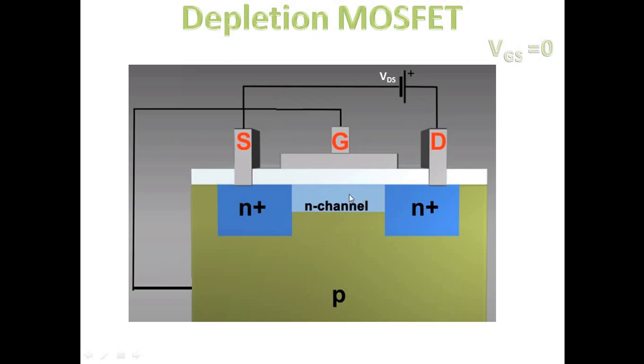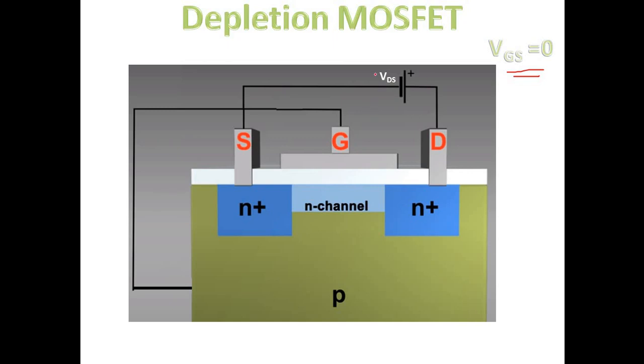As here you already have a channel, even if we don't apply any voltage, we have VGS equal to 0. As we have seen in the case of JFETs, we started by discussing the case of VGS equal to 0, and here also for VGS equal to 0 you are going to have a current flowing in the circuit.